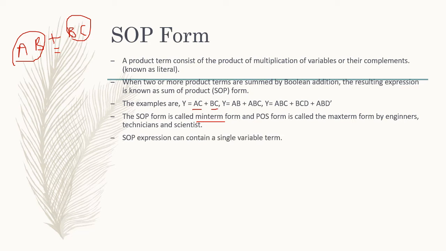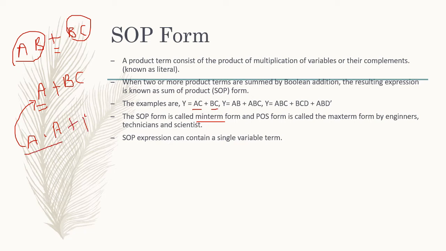An SOP expression can contain a single variable term. So instead of taking AB plus BC, we can take A plus BC also. This is also one of the forms of SOP. If you are saying that there is no product in this term, then you know that A dot A is nothing but A. So if we are replacing A by A dot A, then this is the product of terms.